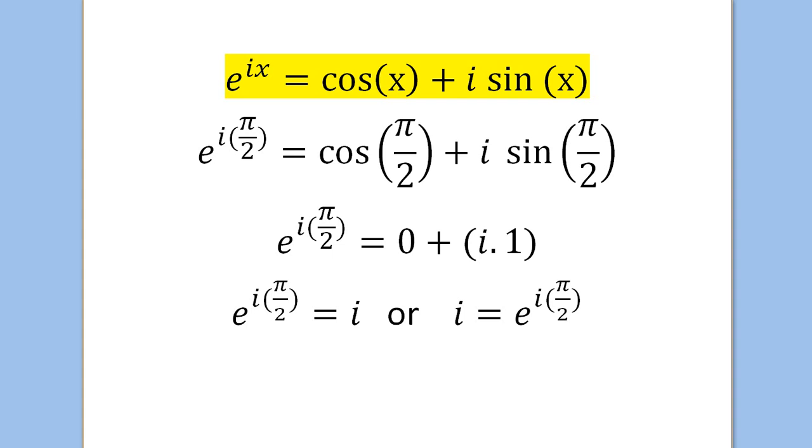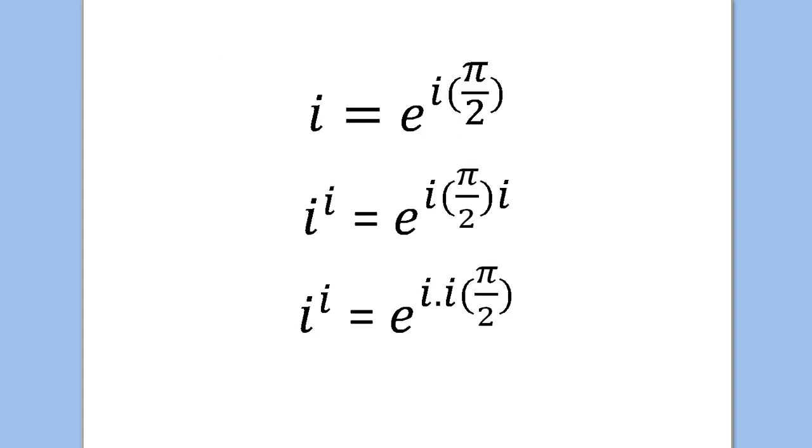So therefore, e to the power of i times pi over 2 is just i. 0 plus i times 1 is i. Or i equals e to the power of i times pi over 2. So we're nearly there. So now we've got i equals e to the i times pi over 2.